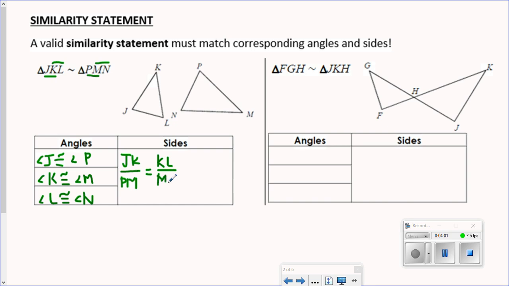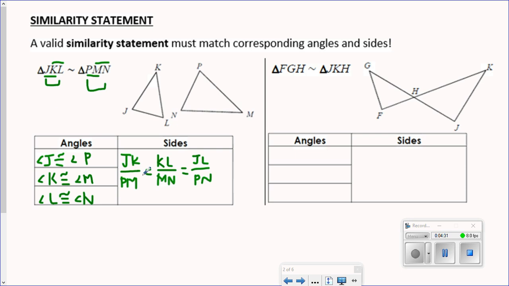So you can set up the ratio. And this is also going to be equal to the ratio of the third side, JL to PN. Now see some important things about how I set up these ratios and proportions.